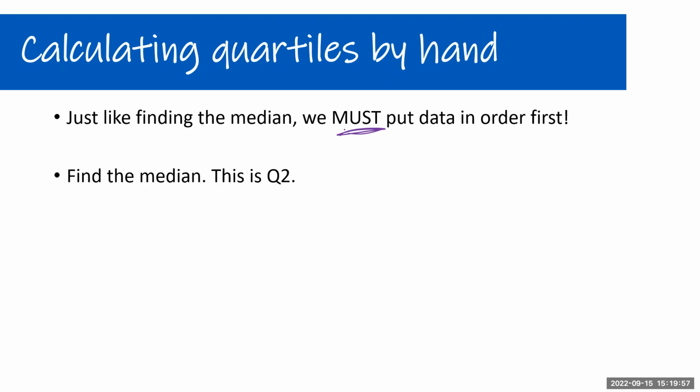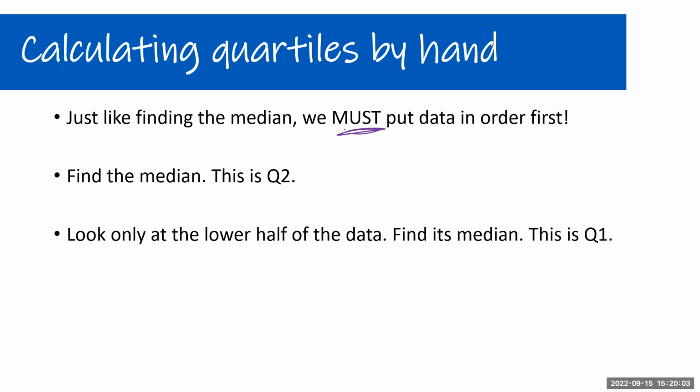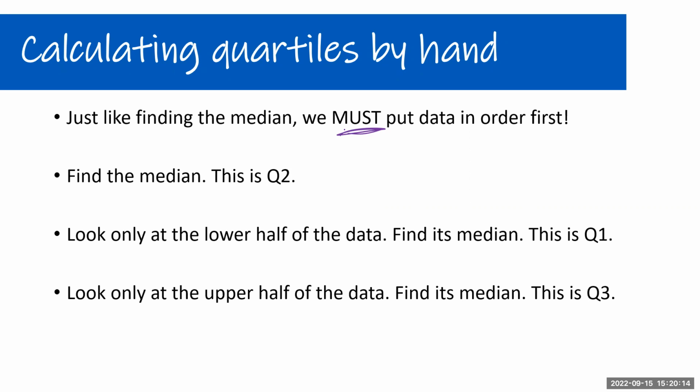The first thing you want to do is find the median. That's Q2. So you've already found one of your 3. Then you're going to only look at the lower half of the data. When you find the median of the lower half of the data, that's going to be Q1. Then when you look only at the upper half of the data, you're going to find its median, and that's going to be Q3. Voila, that's your answer.